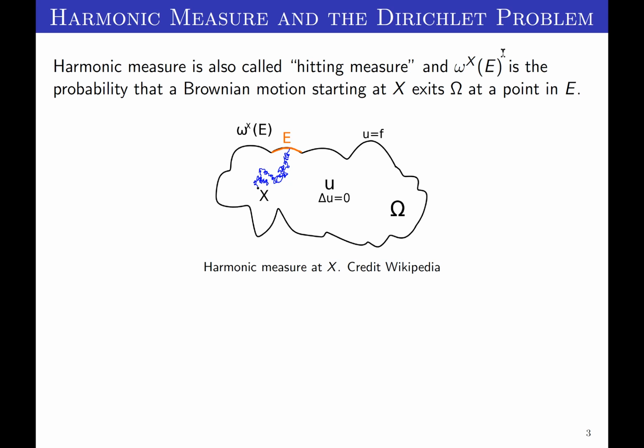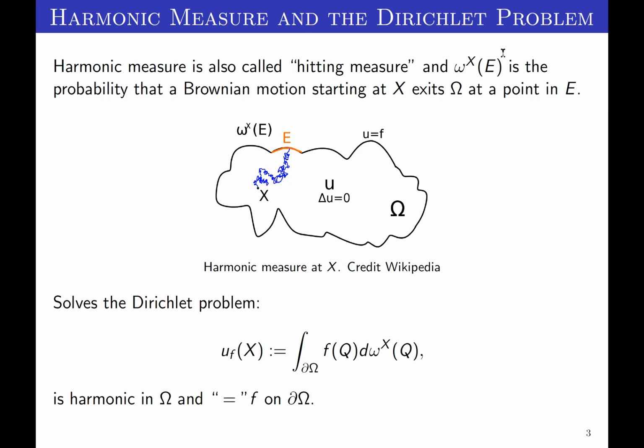You might ask, who cares? The answer is that this harmonic measure is also connected to the Dirichlet problem for the Laplacian. So if you're looking for a function u, which is equal to some function f on the boundary of your domain, and which is harmonic on the interior of your domain, you can find u at x by integrating f over the boundary against the harmonic measure with a pole at x.